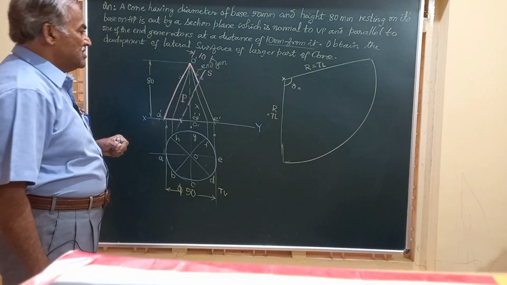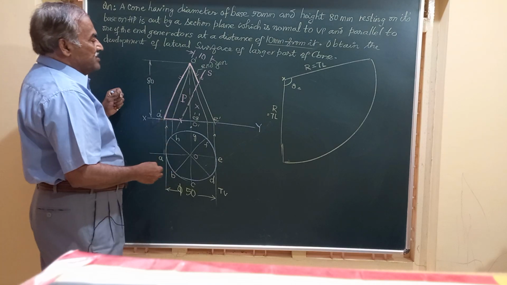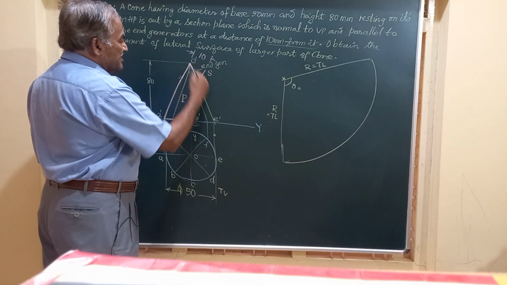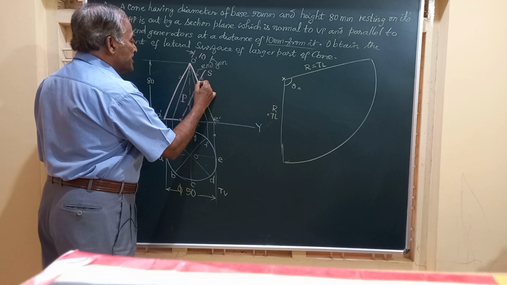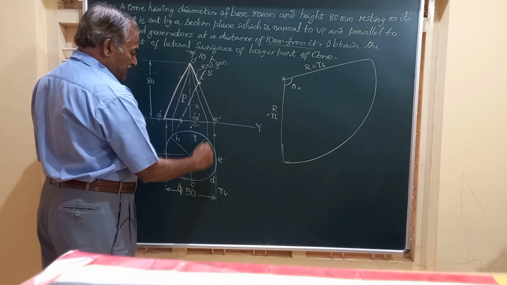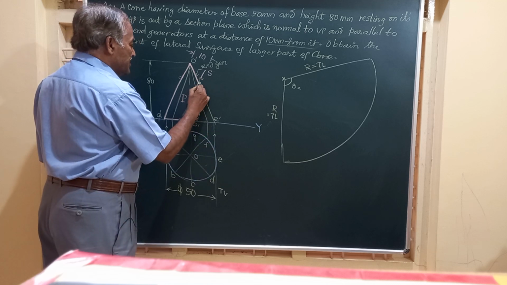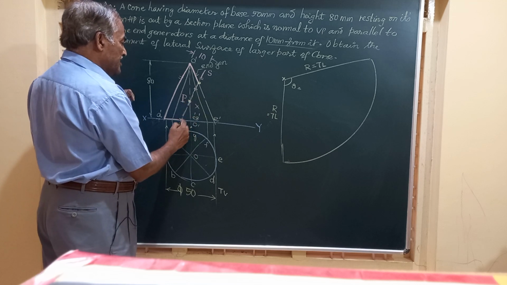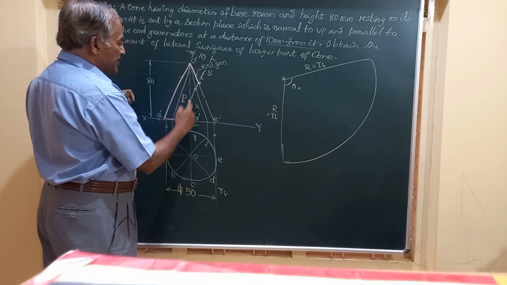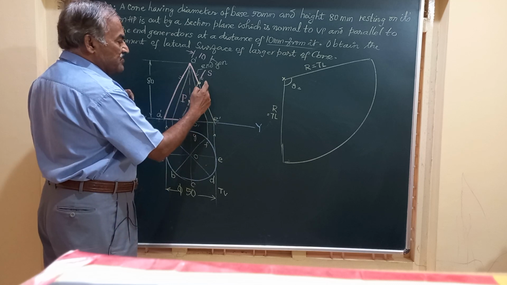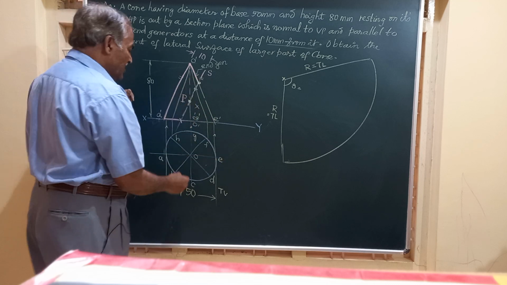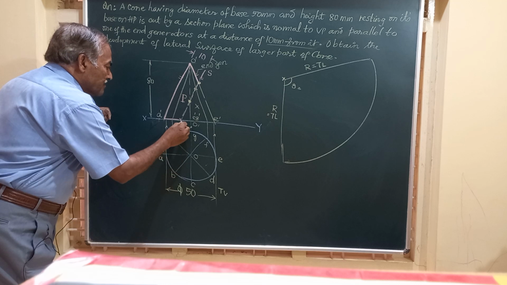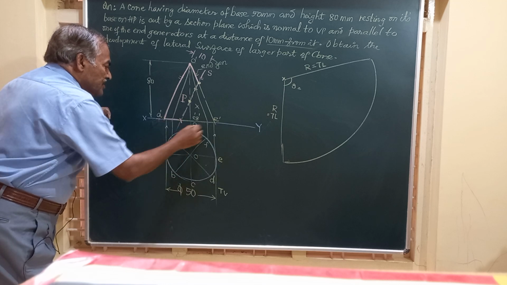Friends, the section plane is cutting the generators O dash E dash, OB and OD and OF at this point. Here you are getting OC and OG. It is cutting 2 plus 2 plus 1, 5 generators, and it is also cutting the base A dash E dash.